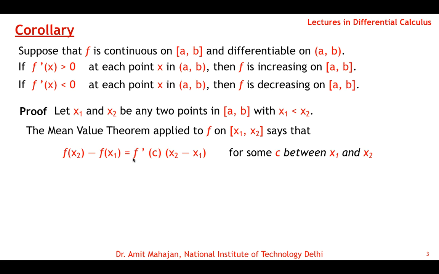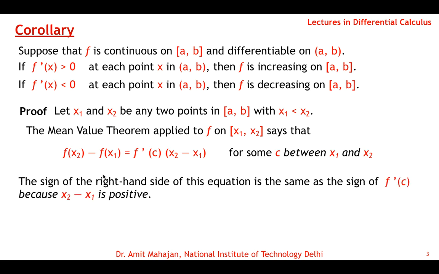If the slope is positive at c, then this side will become positive. If the slope is negative at c, then it will become negative. Accordingly the sign of the other side will occur, and so we will have our result.